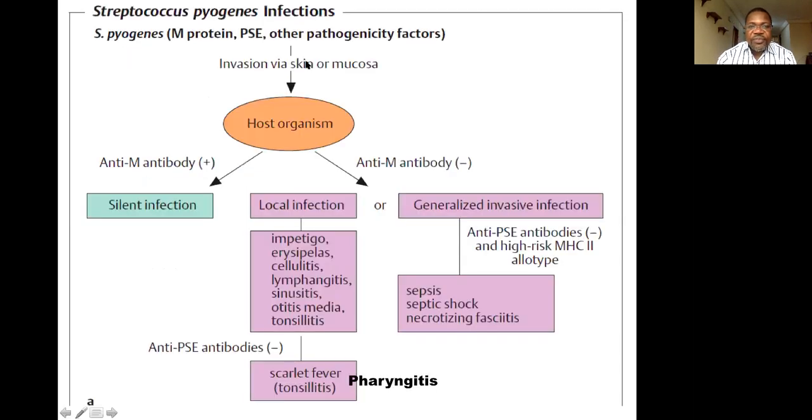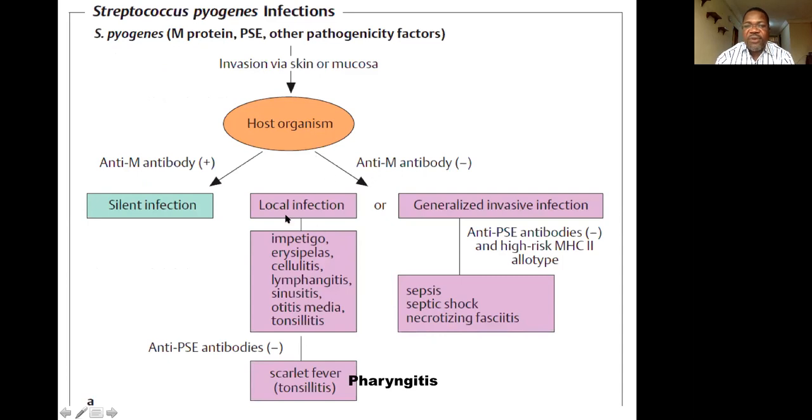So the streptococci have all these virulence factors. They are able to invade the skin and the mucosa of the host. They can cause localized infections, but they can also lead to generalized invasive infections, as we see, leading to sepsis, septic shock, and a much more serious infection that we call necrotizing fasciitis that we will see.